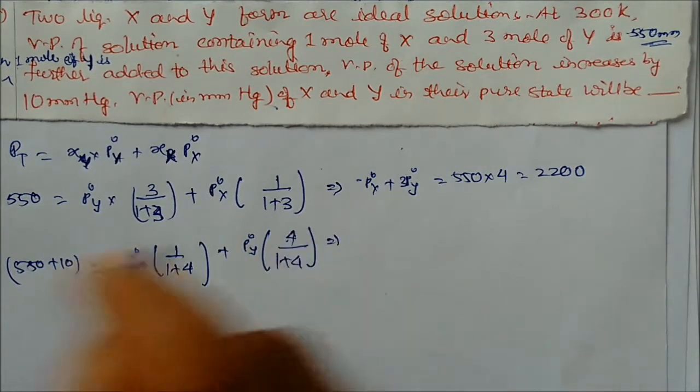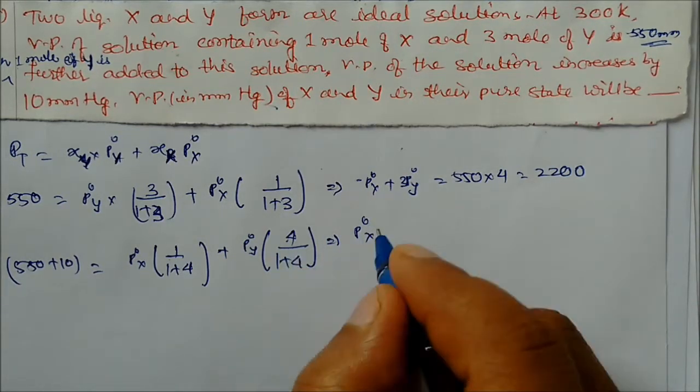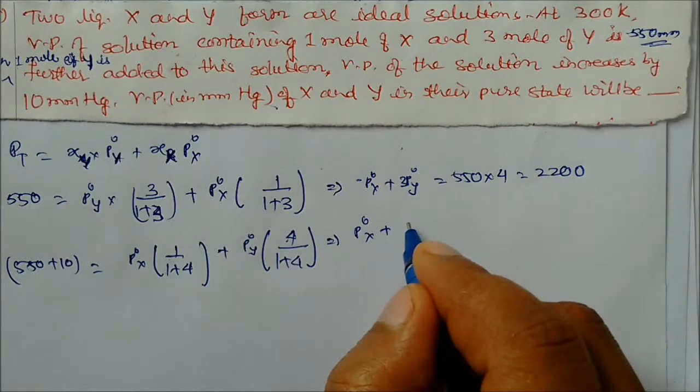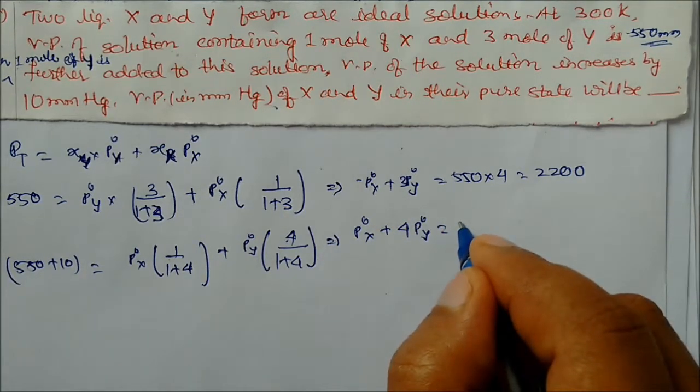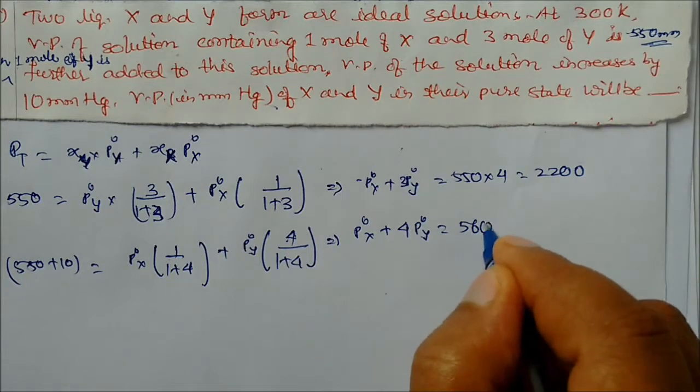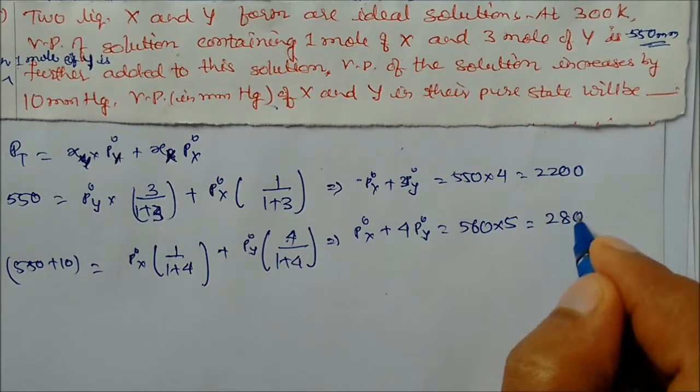Now we can solve it here. So P naught X, this is your 4, plus 4 into P naught Y, and the total will be 560. So here 560 into 5, so this will be around 2800.